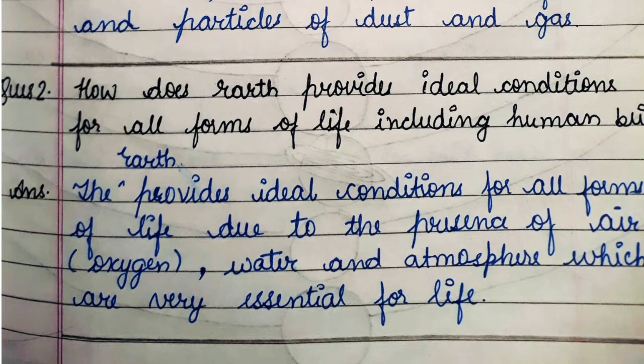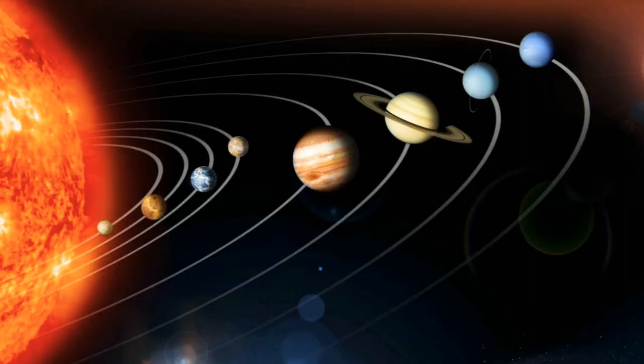Now friends, let's move towards question number 3, which is draw a neat and labelled diagram of the solar system. In this question we have to make the diagram of the solar system, which includes the 8 planets, which are Mercury, Venus, Earth, Mars, Jupiter, Saturn, Uranus and Neptune, and including the sun.